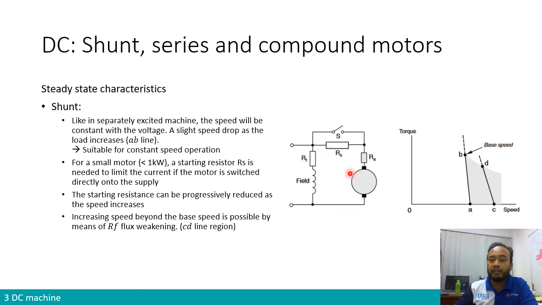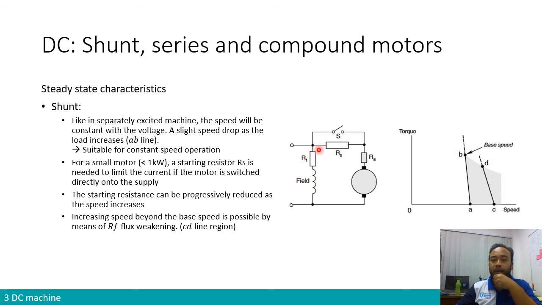There will be a combination of multiple resistors and multiple switches, so the starting resistance can be progressively reduced as the speed increases. So this resistor could be, for example, a kind of variable resistor.